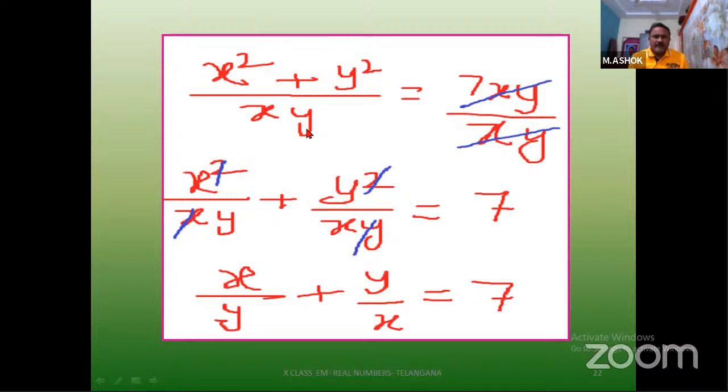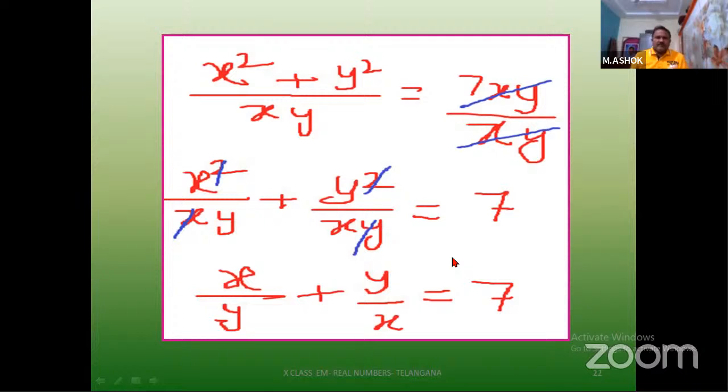Here I am separating these two terms, writing the denominator individually for x square and y square. So x square by xy and y square by xy. Here square and x get cancelled, and here also square and y get cancelled. So x by y and y by x will be the remaining part. So x by y plus y by x is equal to 7. This is our required answer.